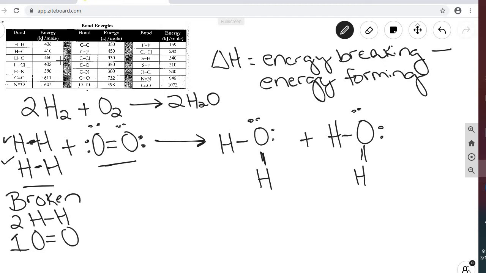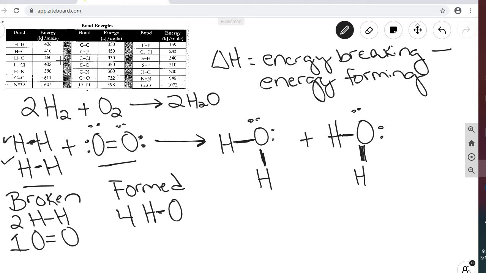What has to be formed is hydrogen-oxygen bonds, and to get two water molecules, there's four of those. There's one hydrogen-oxygen bond, there's two, there's three, and there's four. So formed, we're going to have four hydrogen-oxygen bonds.